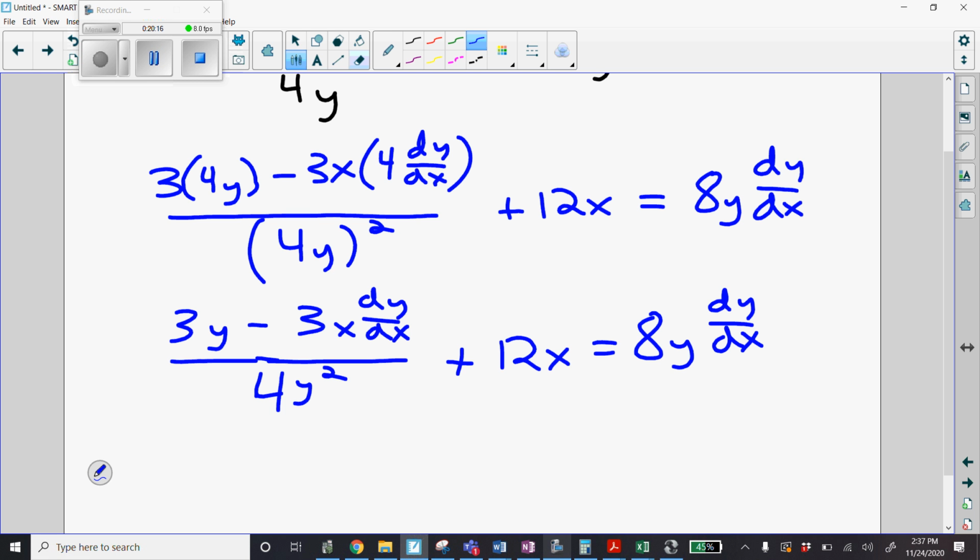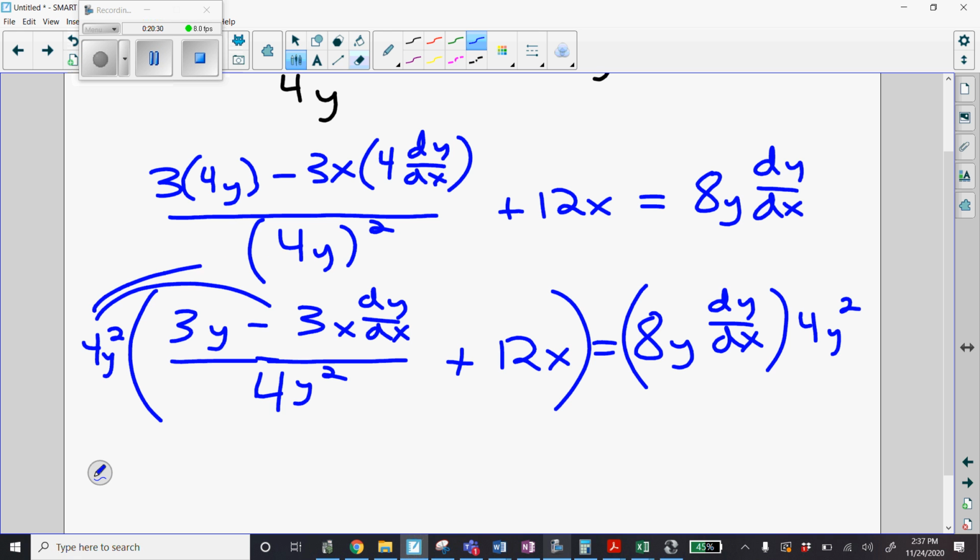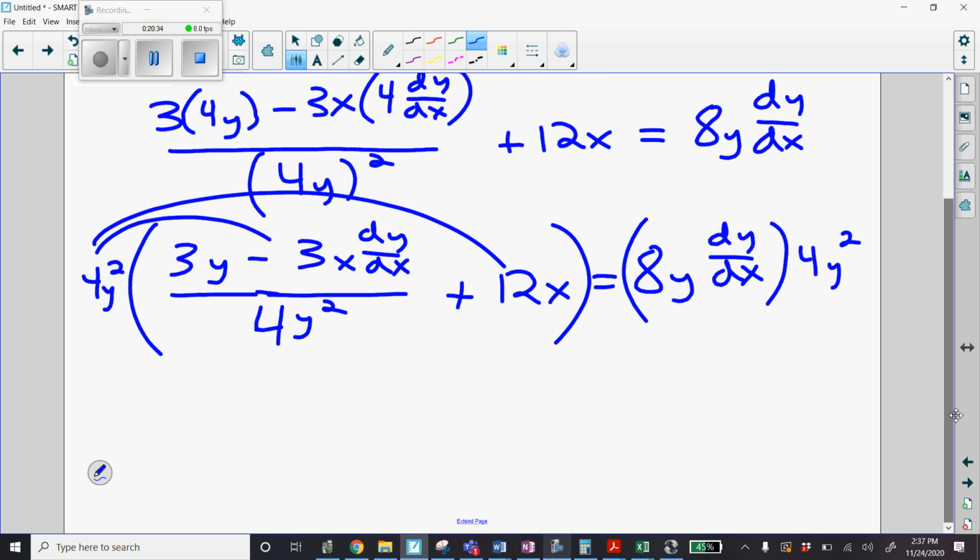Now I want to just eliminate this fraction. I'm going to eliminate the fraction by multiplying both sides of the equation by that denominator. And again, I've got to distribute it to both of these. Distributing it to the first fraction just cancels with the bottom. So I get 3y minus 3x dy/dx.